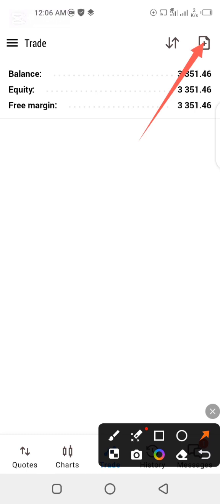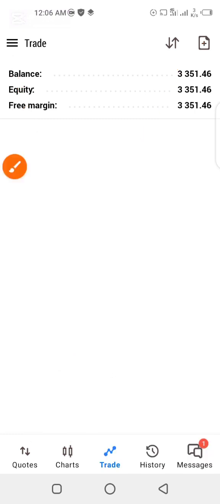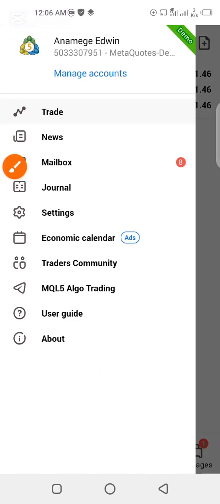Here is called quotes. Here is the internal chart on MT5. Here is your settings area. That's your back office, where you add your broker and the rest of them. I will show you the back office right now. Just click on it and it brings you over to here.